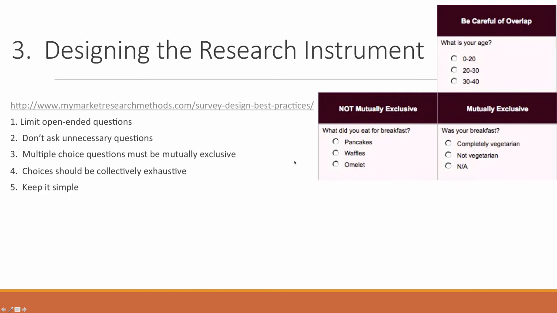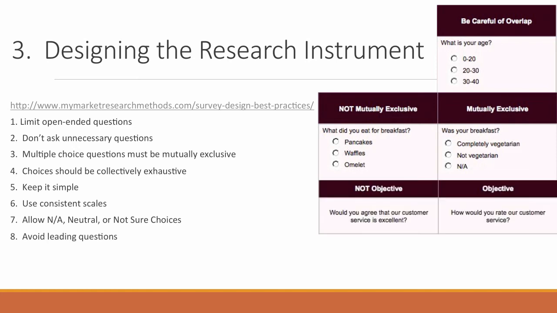Keep your questions simple. Use everyday terminology. Use consistent scales. Don't use a 5-point scale in one question and a 10-point scale in another. Allow an option for not sure or neutral. If the person doesn't know, and you're forcing them to answer, you're forcing them to give a wrong answer.